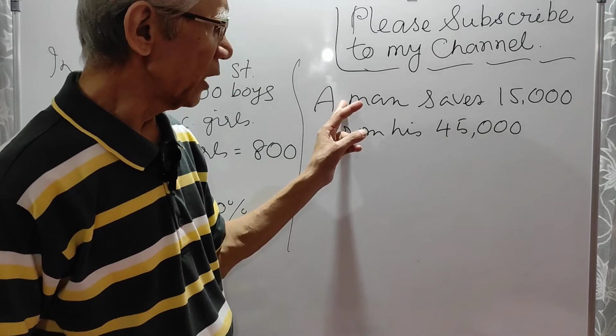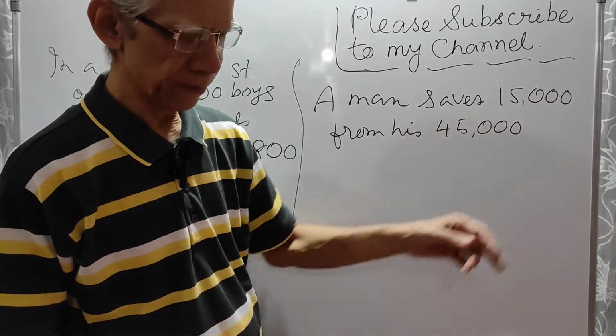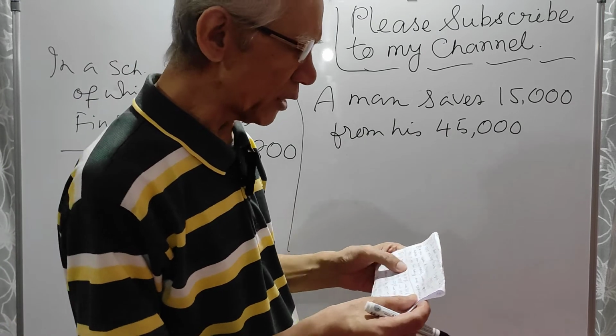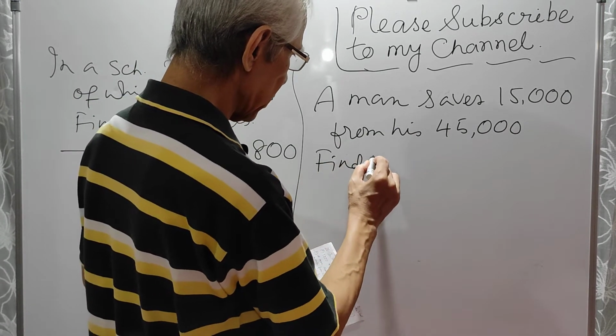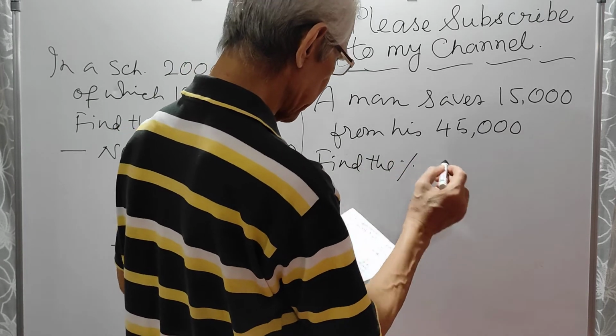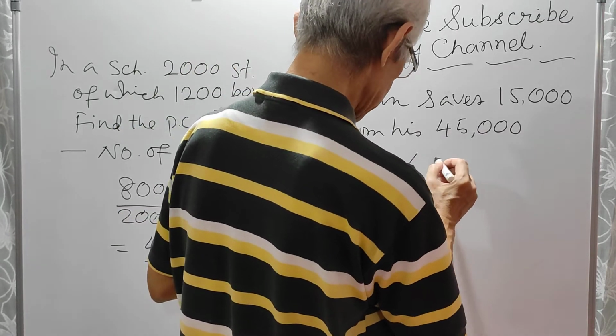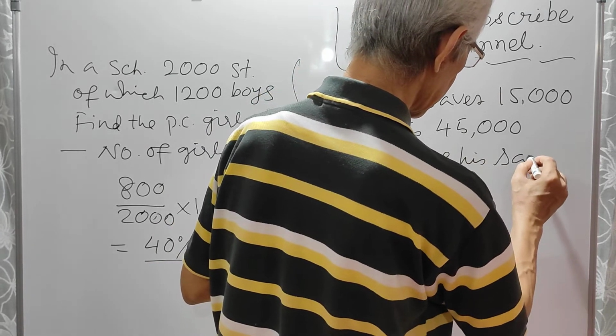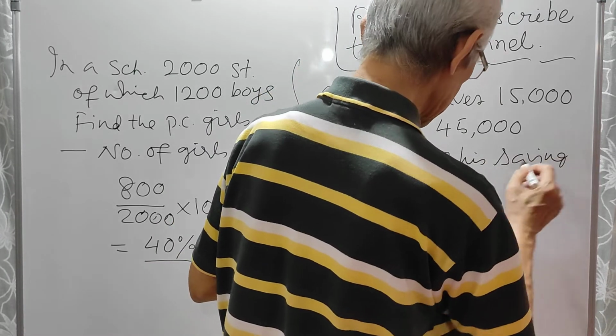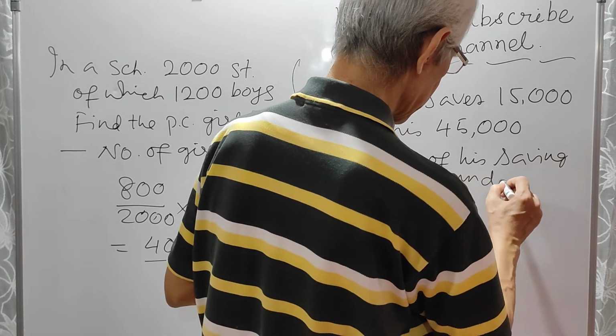Out of this, he saves 15,000. Now the question is, find the percentage of his saving and expenses.